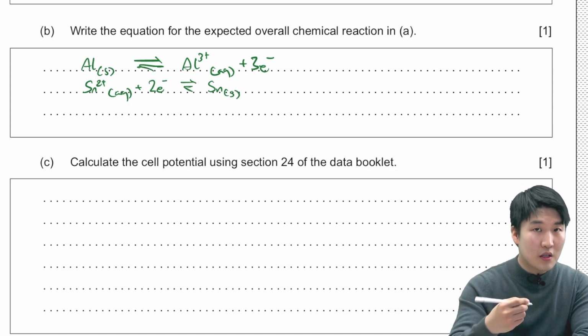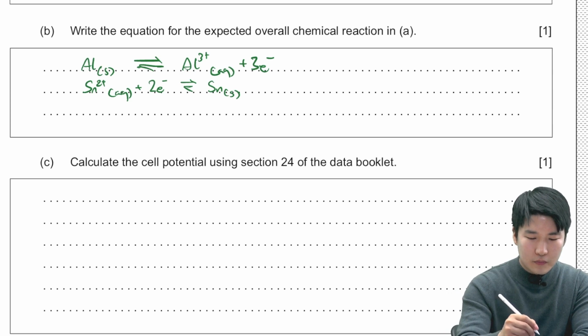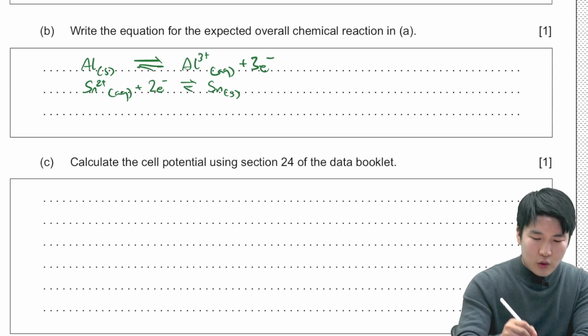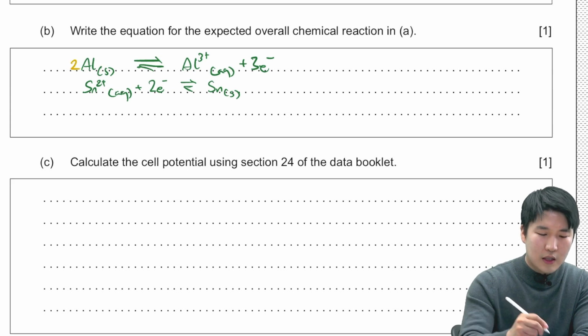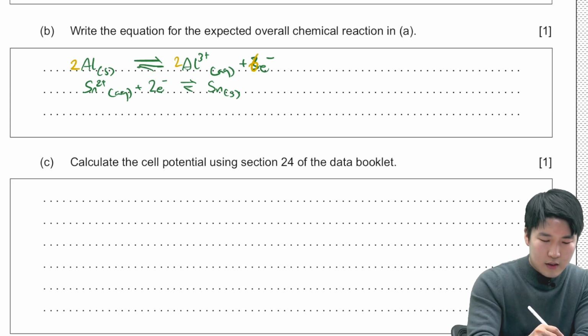We'll have to utilize 6 electrons, meaning we will multiply the oxidation half equation by 2, and we'll multiply the reduction half equation by 3.